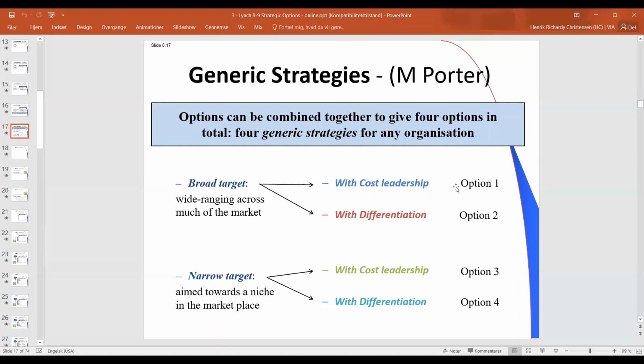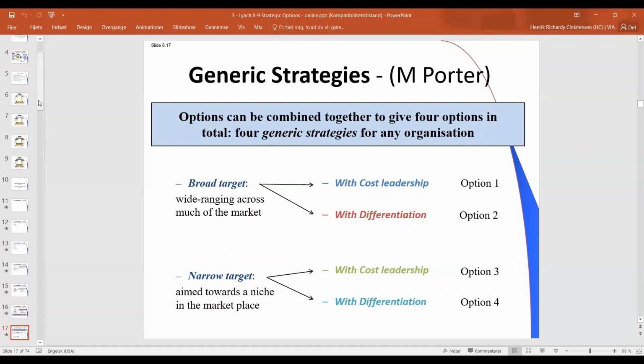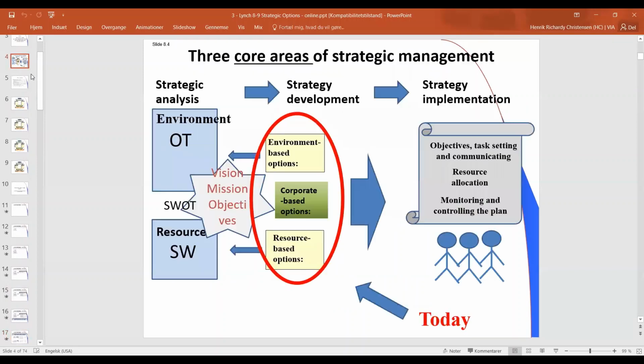What Porter would say is, okay, now I'm going to take you back a bit to slide number 4. If we look at the environment, we have results from the analysis: PASTEL, Porter's 5 forces, etc. What Porter would say when we are standing in this box is, is there anything in your analysis of the environment that tells you that you should have a broad perspective or target in the marketplace and maybe follow a differentiation strategy?